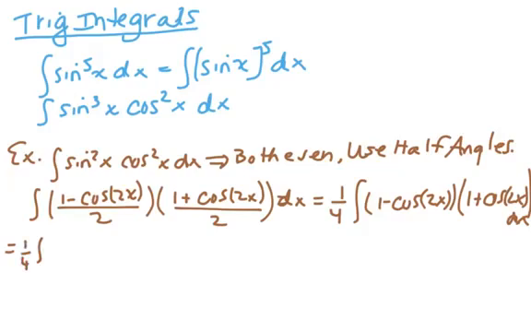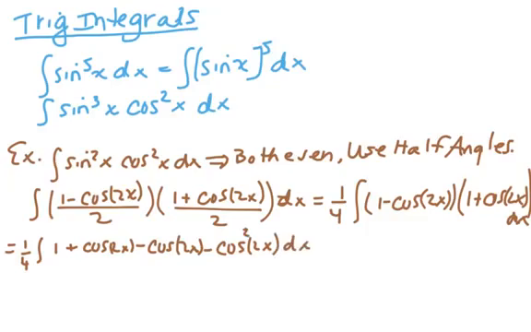If I'm FOILing correctly, I'm going to get 1 plus cosine of 2x minus cosine of 2x minus cosine of 2x squared dx.